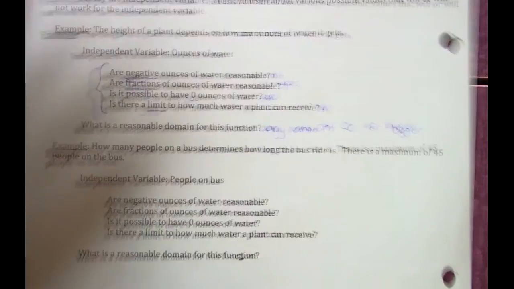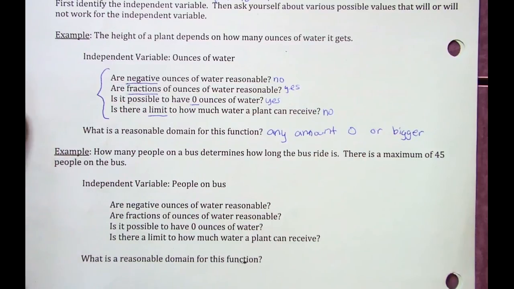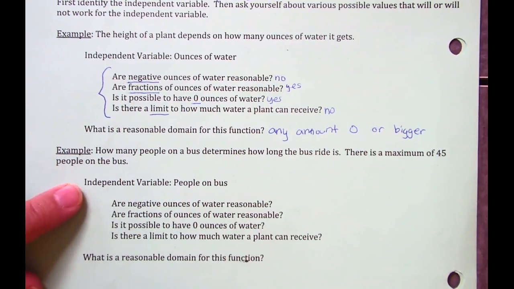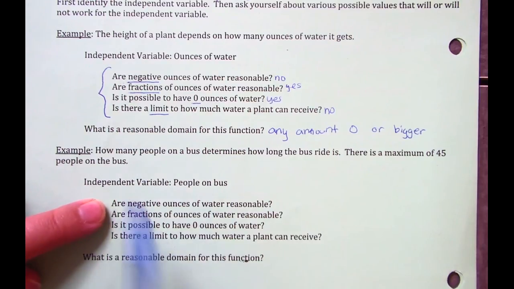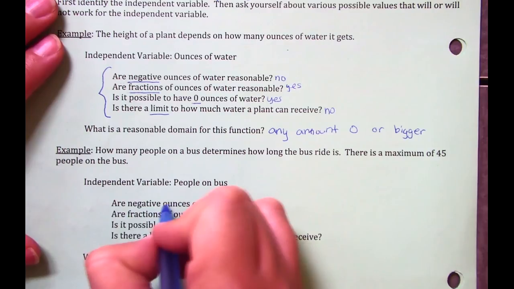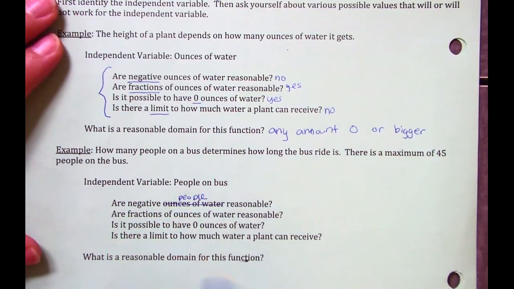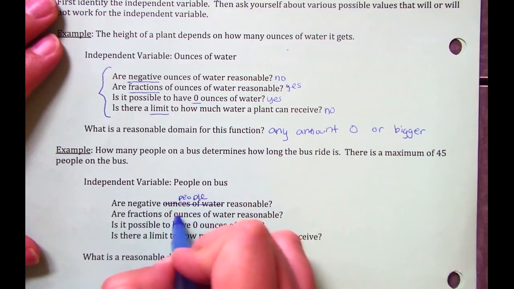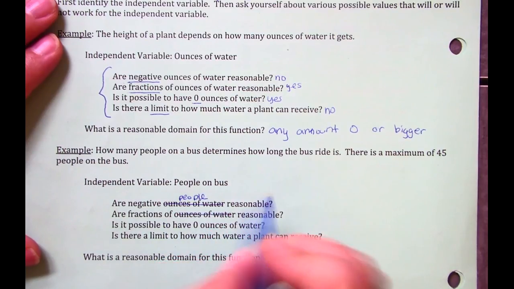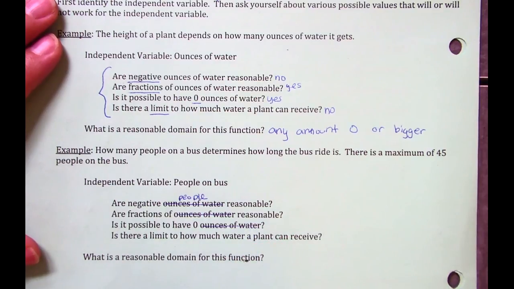Now let's look at the second one. How many people are on a bus determines how long the bus ride is. There is a maximum of 45 people on the bus. The independent variable is people on the bus. Now, I made a mistake because I just copied and pasted. Our negative should say people. Fractions should also be people. 0 ounces of water should also say people.